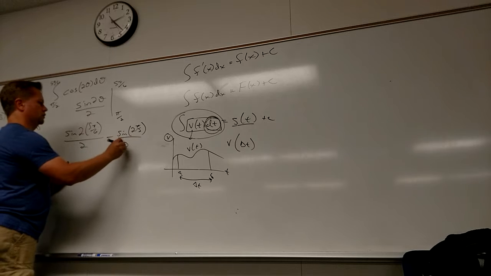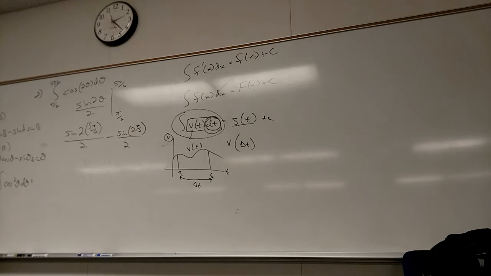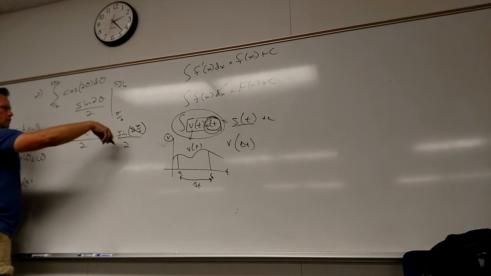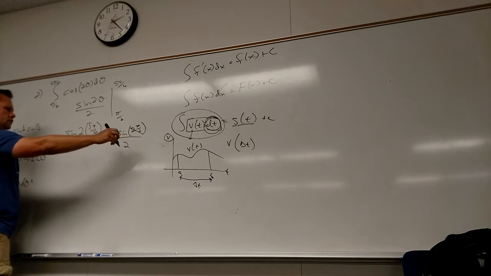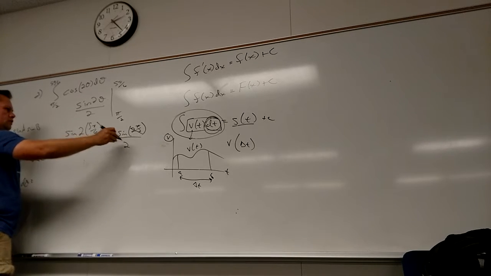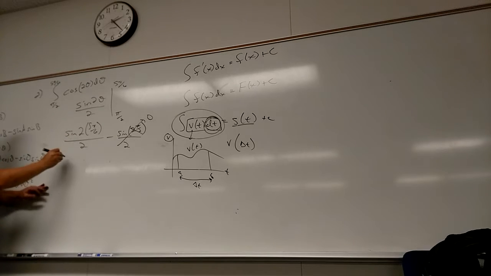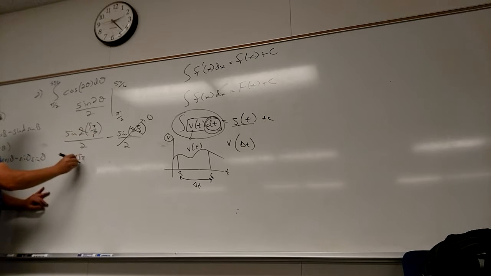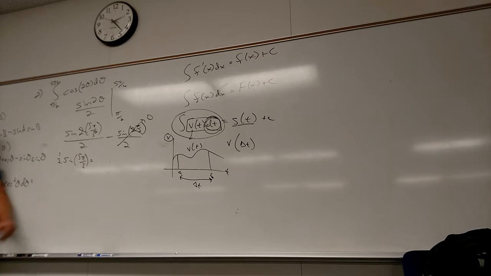All right, over 2. What's this going to be? What's sine of pi? 0. So now I can focus on sine of 5 pi over 3, written as 1/2. All right, so finish that out.